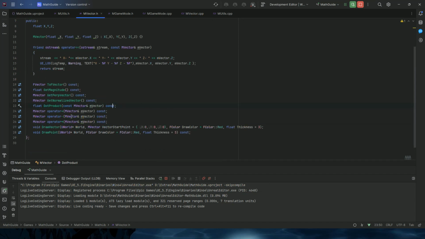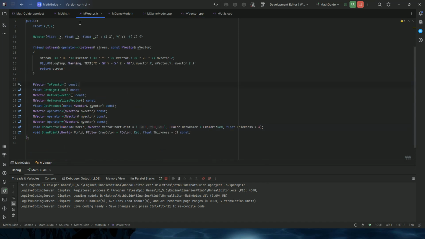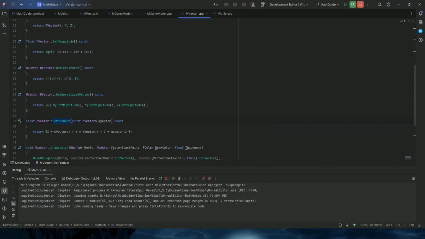So let's test if this thing is working out. When we are calculating the dot product, it is not important that these vectors are normalized. But if you want to use that concept, like if two vectors are pointing in the same direction, those vectors have to be unit vectors.